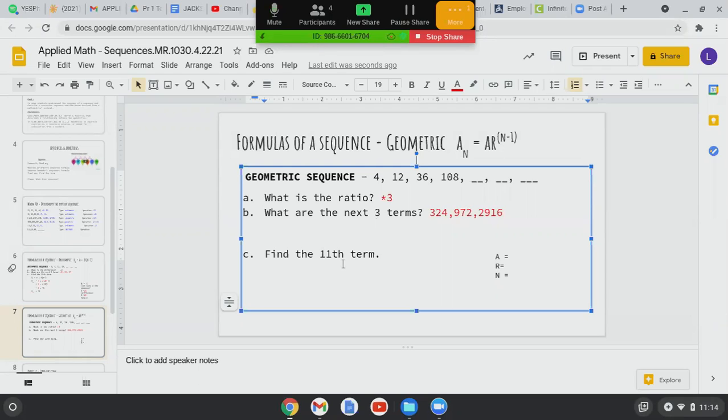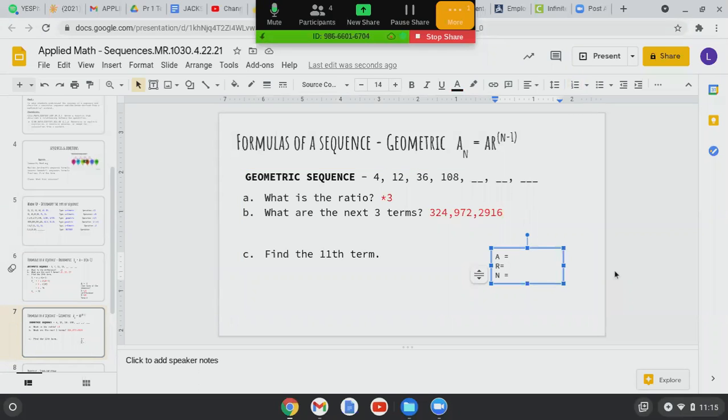But again, we want to find the 11th term. So A, just like before, what do you get for your value of A? Think about what A was in the sequence. A is 4. Yep, because that's the first term of the sequence. All right. What is R? Remember, R is the ratio.